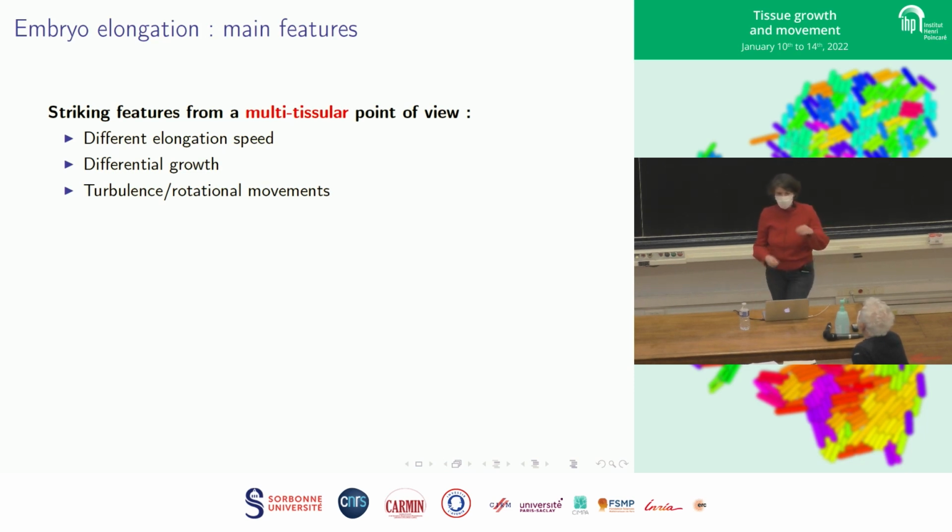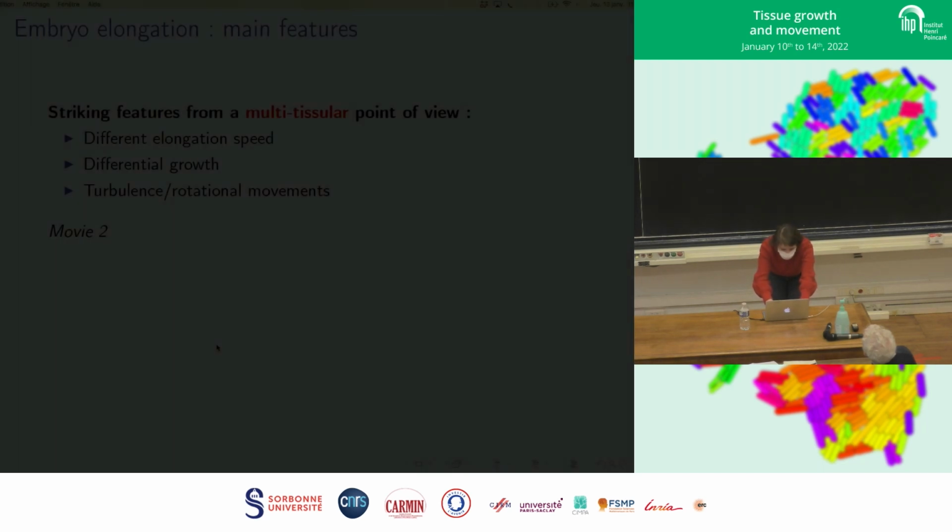By that I mean that if I define more or less a bottom and a top of the tissue, I will get different speeds, and also differential growth, which is more related to the cell division. He also showed that you can quantify this turbulent or rotational movement. So I will show you a small movie on that.